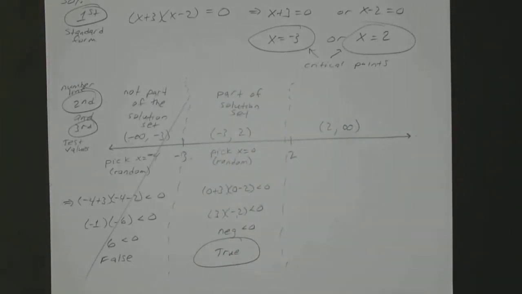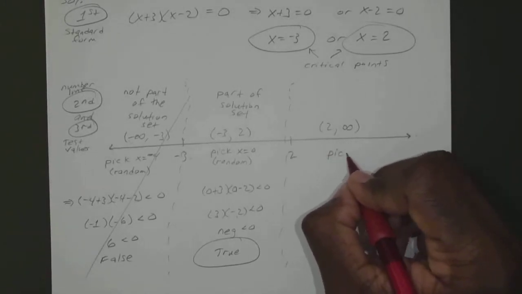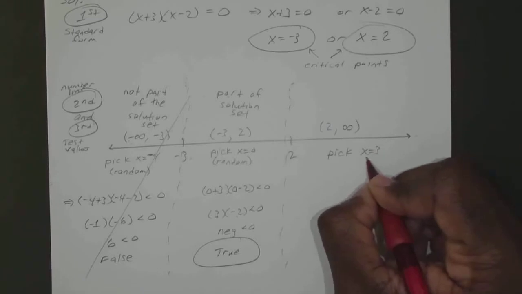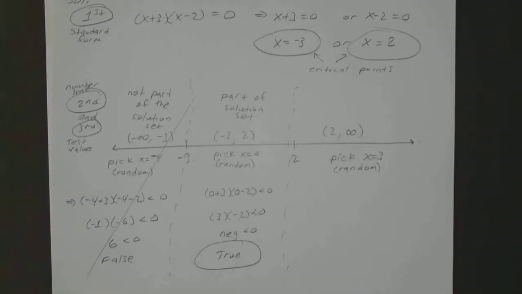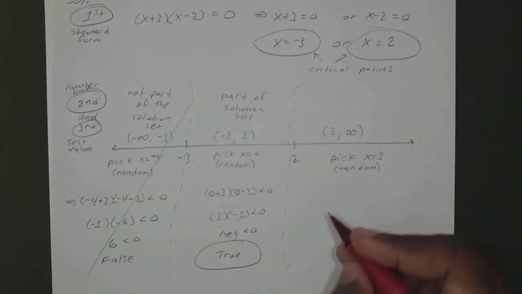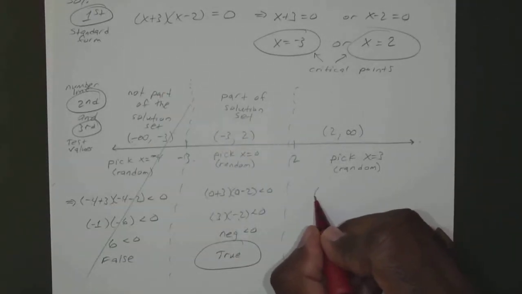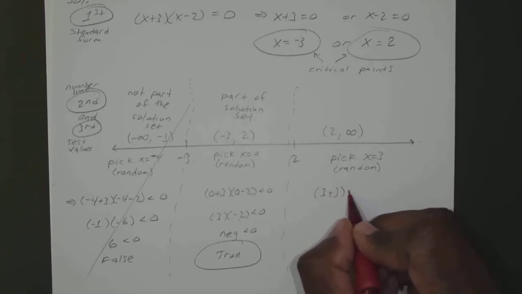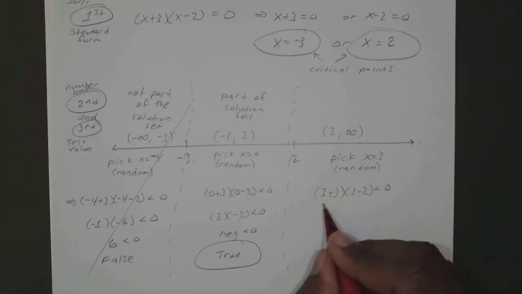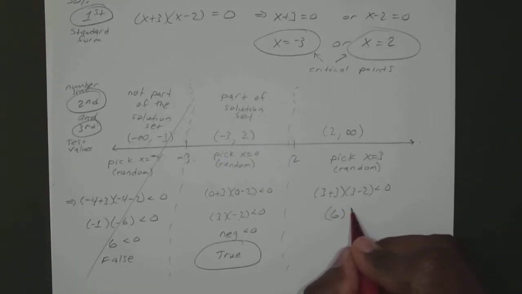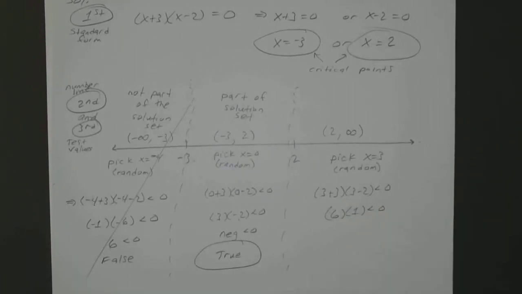Okay. So now you're going to do the same thing for the interval 2 to infinity. I'll just pick x equals 3, again, completely random. Pick whichever number in that interval you like. And plug it into your original inequality. So you have 3 plus 3 times 3 minus 2 is less than 0, which is 6 times 1 is less than 0.